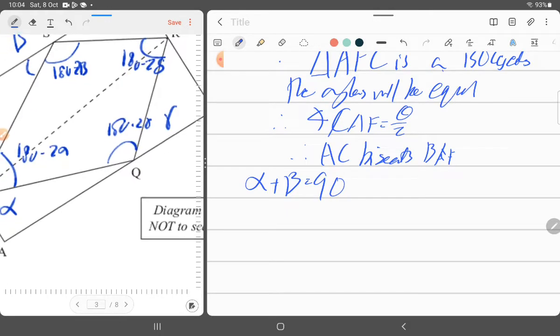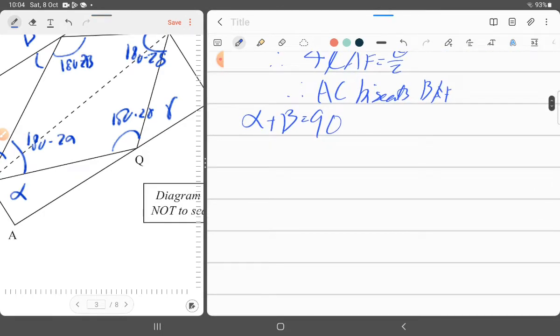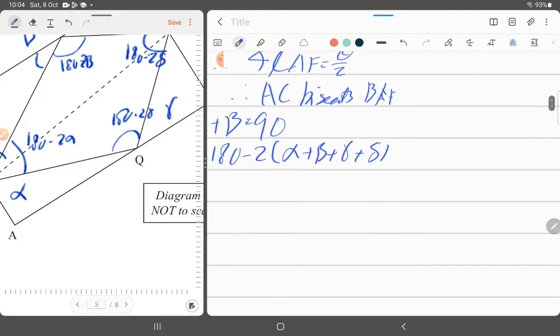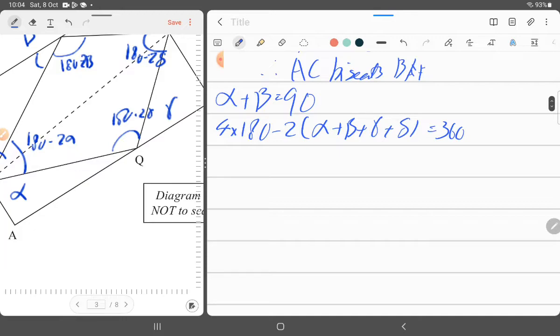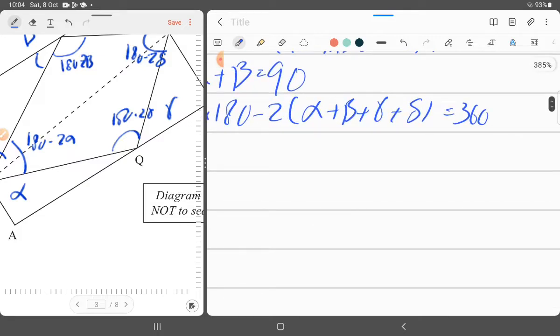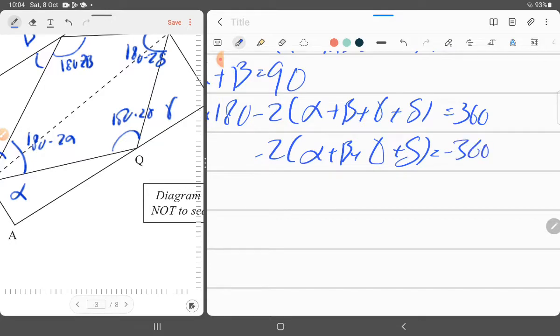So essentially 4 times 180 take away 2 alpha plus beta plus gamma plus delta is equal to 360. 4 times 180 is 720, I think. Yeah. So negative 2 alpha plus beta plus gamma plus delta is equal to negative 360.